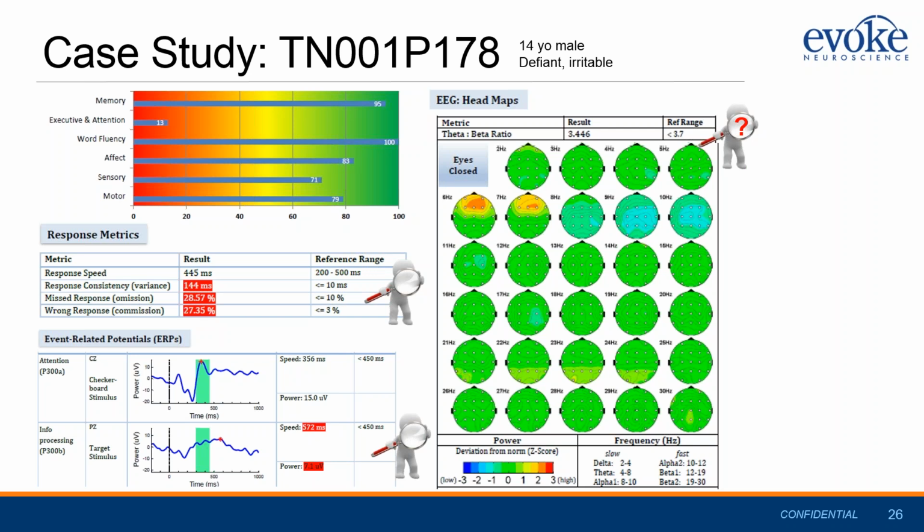Lucky for you, eVox does this automatically, so you don't have to go and look up what the reference range is for your patient's age. We do that for you. But I'll note that this patient is creeping up to the maximum of that reference range, but they're not quite there yet. But when I look at my theta range, I do see high power in this frontal-central region. So this does look like an ADHD case, and I do think this patient will respond well to stimulants.